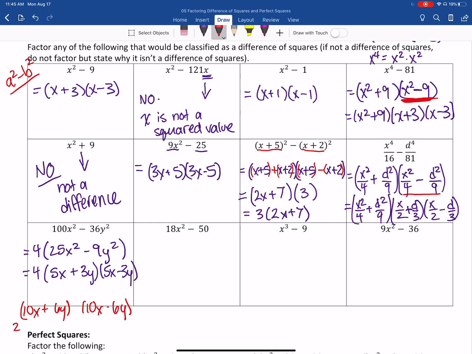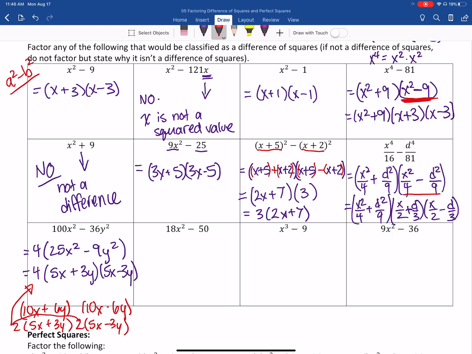So this would have been 2 times 5x plus 3y times 2 times 5x minus 3y, and then the 2 times the 2 here would have become the 4. So that is another way that you could have got the same answer if you didn't realize at first.